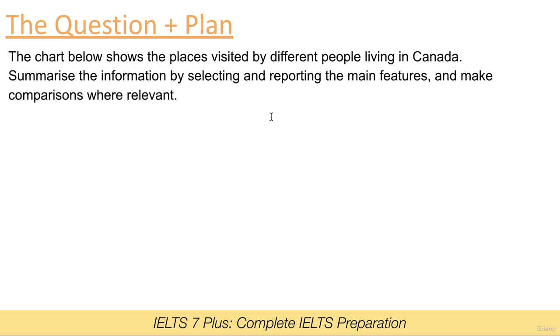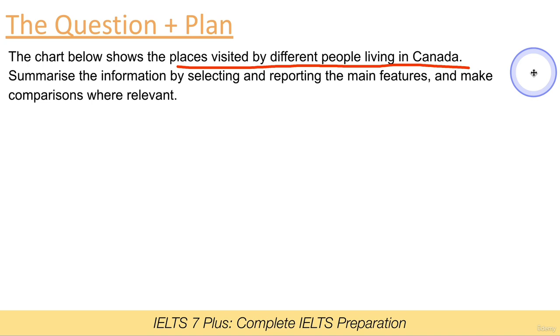That is not what our job is. We are being asked to just make them when they are particularly interesting or striking or different. All right, so let's have a look at the context again. Places visited by different people living in Canada.